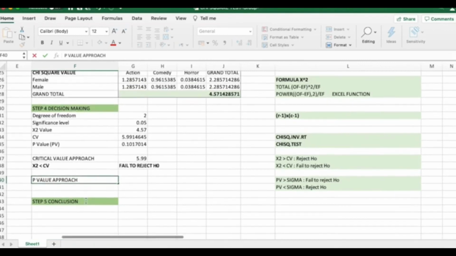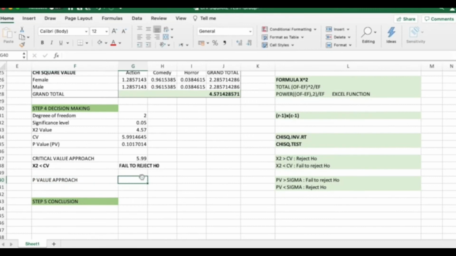As for the p-value approach, the p-value that we have calculated earlier is 0.1. The decision rule for the p-value approach is, if our p-value is bigger than sigma, we fail to reject H0. And if our p-value is smaller than sigma, we must reject H0.